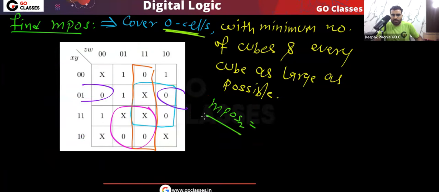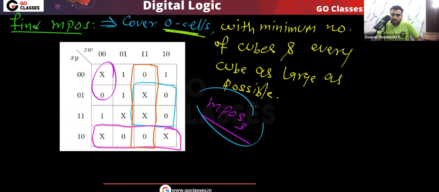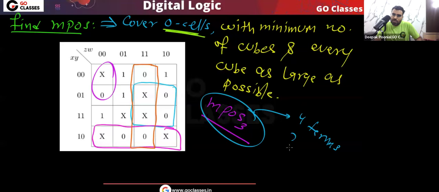Remember, if you write this minimal POS 2, this will also have 4 terms, 9 literals. This minimal POS 3 will also have 4 terms, 9 literals.